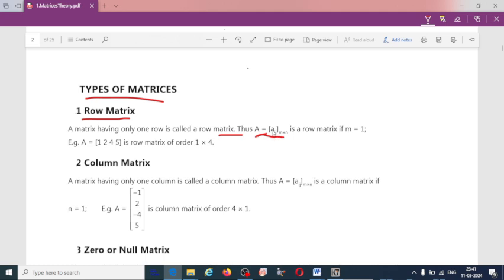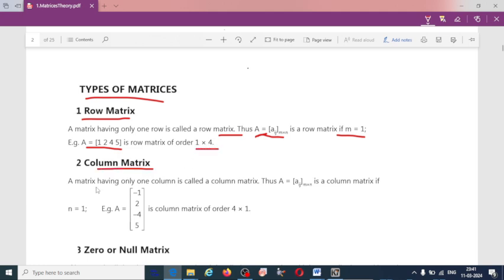Aij is the element of the matrix, ith row, jth column. M cross n, that is the order of the matrix, is a row matrix if m is equal to 1, that is having a single row, which we call a row matrix, having 4 columns. So 1 cross 4 is the order of the matrix.